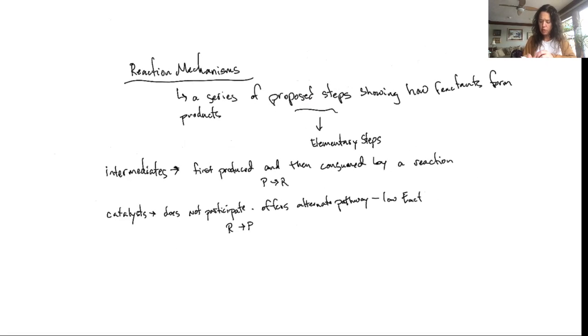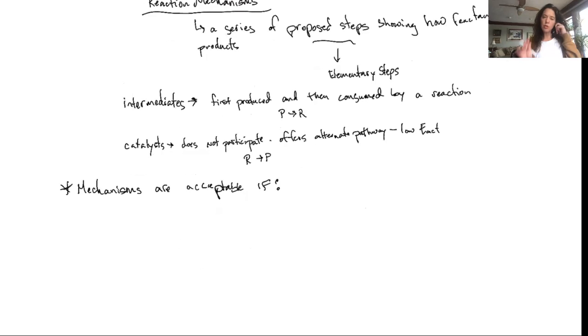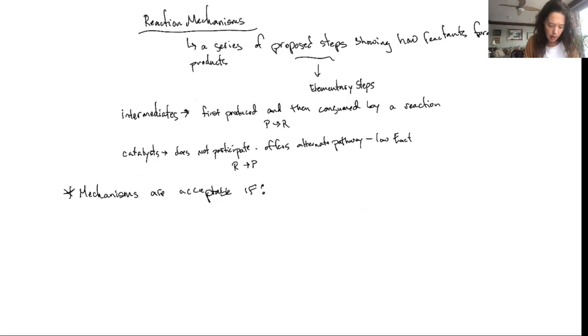Once we look at identifying which is which, we're going to do all this at once in a second. We're going to determine if a proposed mechanism is acceptable. Mechanisms are acceptable if two requirements are satisfied.